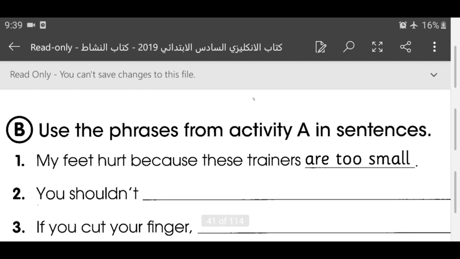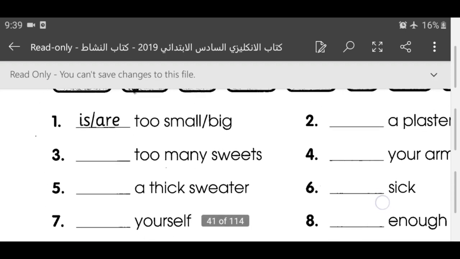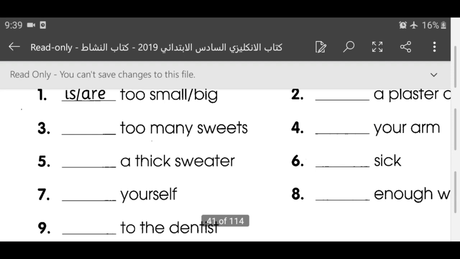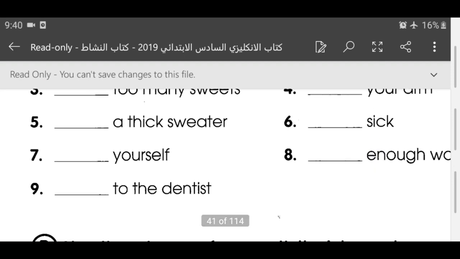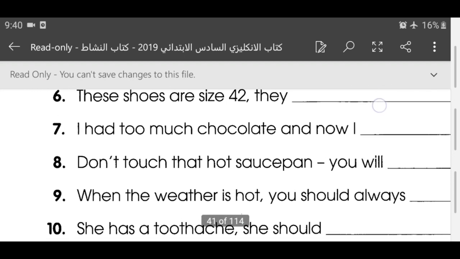Use the phrases from activity A in sentences. Here we have the sentences we made in activity A, and we have to use the phrases in sentences.